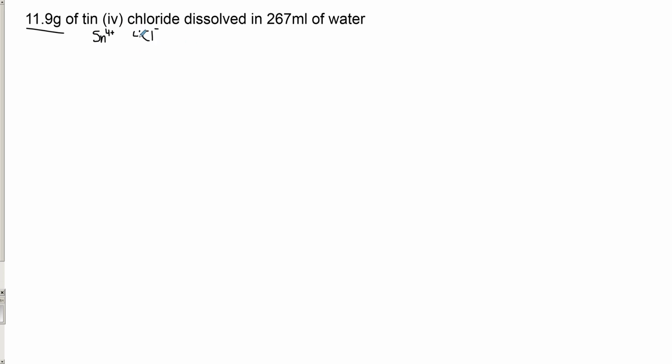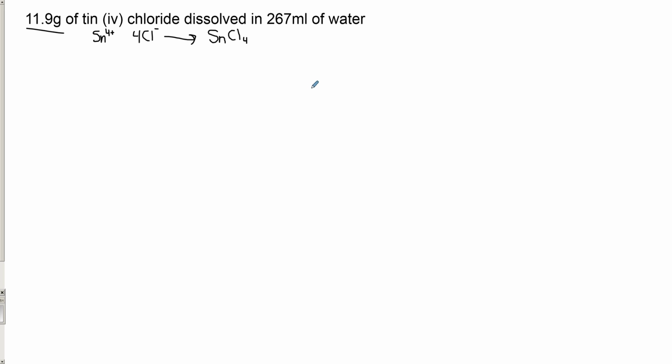Remember, in an ionic compound, the charges must add up to 0. They cancel out. That means that the chemical formula of this ionic compound is SnCl4. So great, now we know the chemical formula of tin 4 chloride.